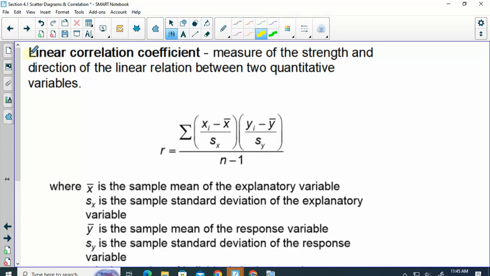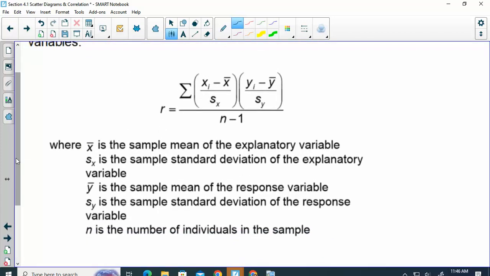And this is just a measure of the strength of the linear relationship. So this r value could be positive or negative, indicating a positive linear relationship or a negative linear relationship. Basically, the closer it is to 1, the better the relationship is.